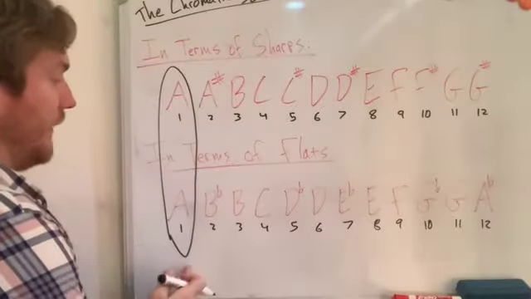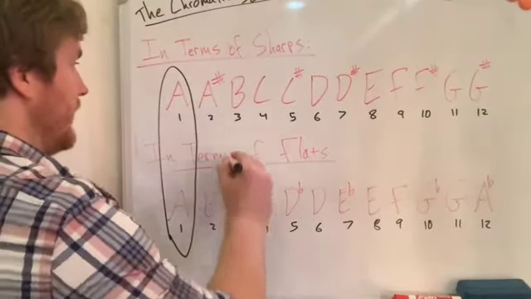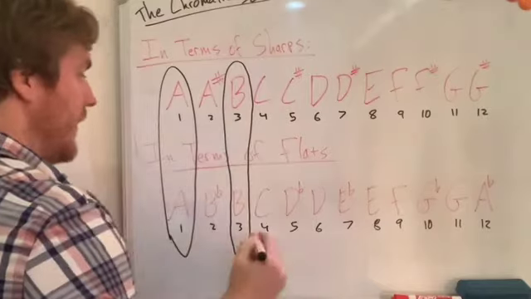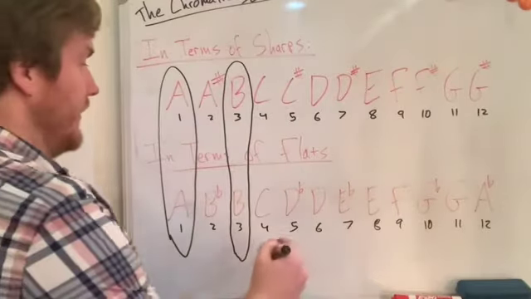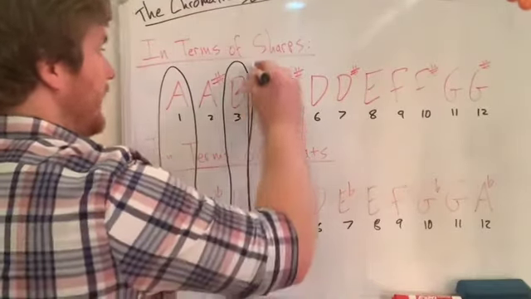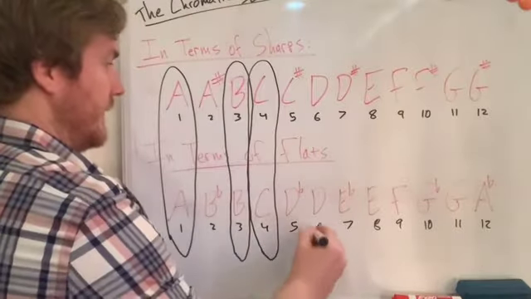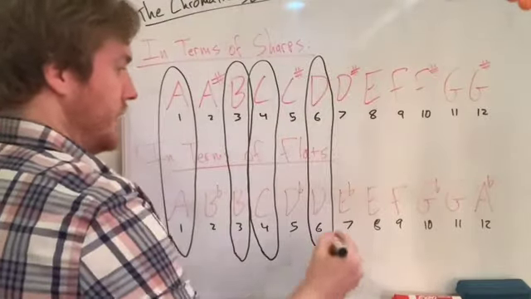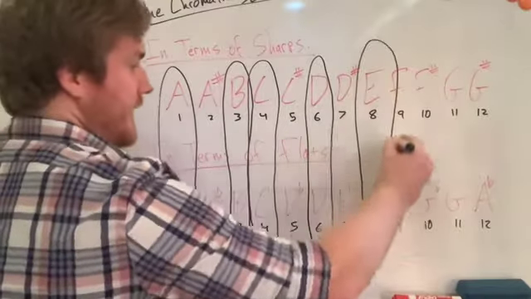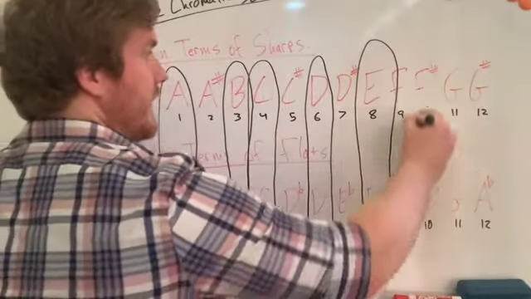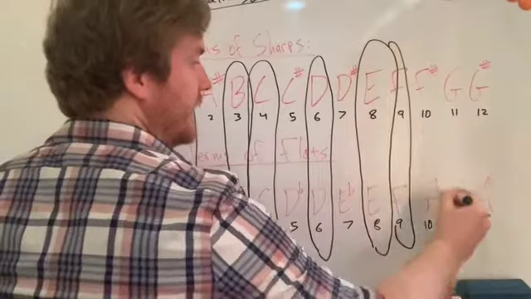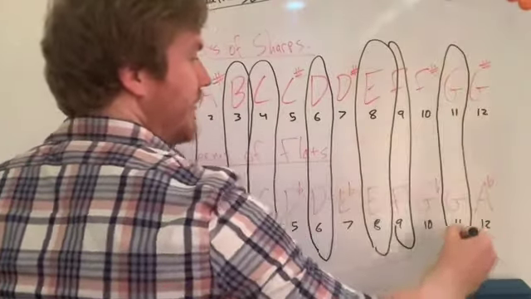And one little quick thing we want to point out here is that our one, our A's, our three are B's, C also, 6 also, E or 8, F, which is 9, and G, which is 11.